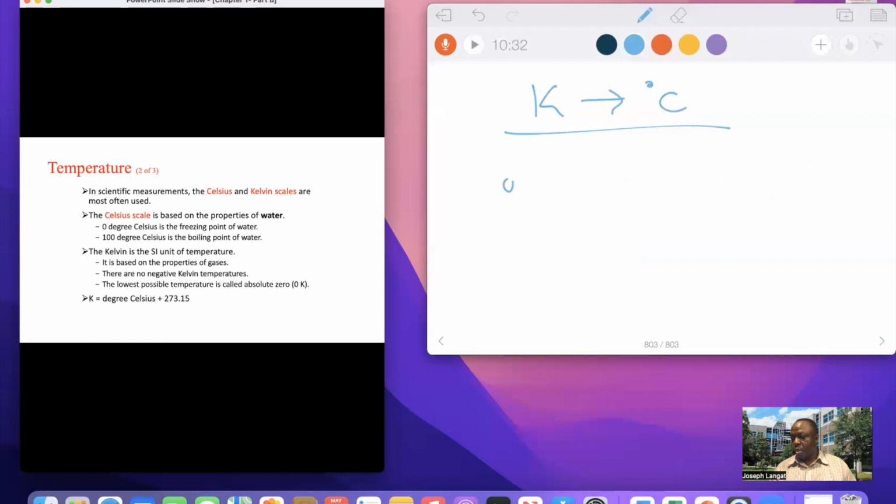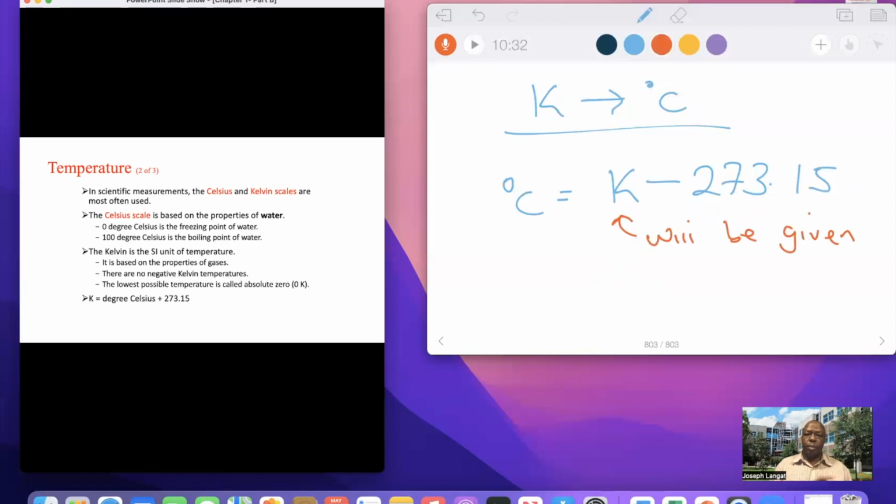That means degrees Celsius is given by Kelvin, which will be given, minus 273.15. You should be able to rearrange the equation. You'll be given this in the problem and asked to change from Kelvin to degrees Celsius. I'm just rearranging this equation.